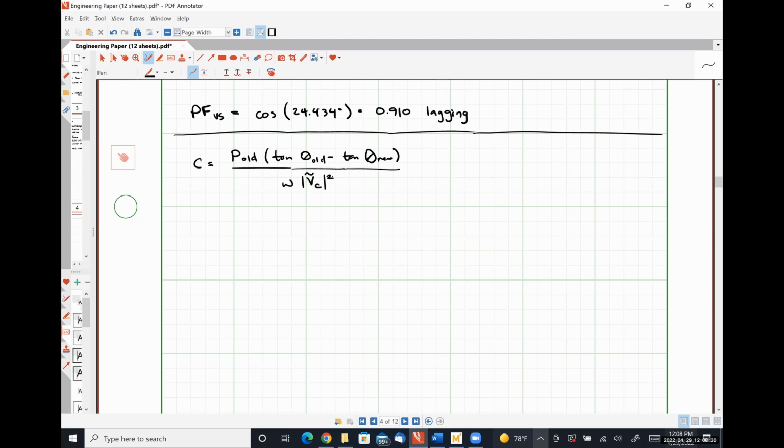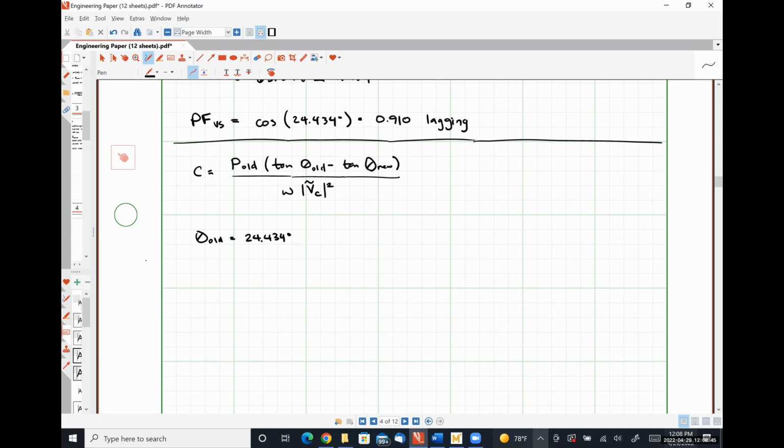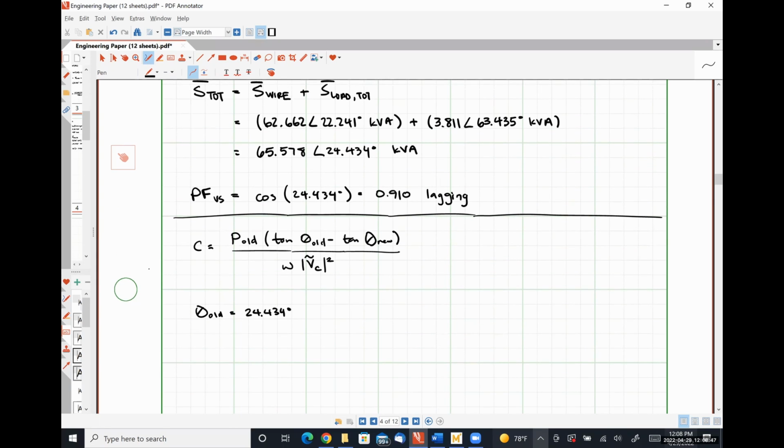So I'm going to say that theta old is equal to 24.434 degrees. We got that, okay? How do we find P old? This quantity right here, S total, represents the total complex power supplied by my source prior to power factor correction.